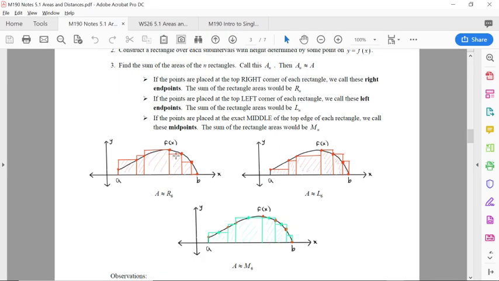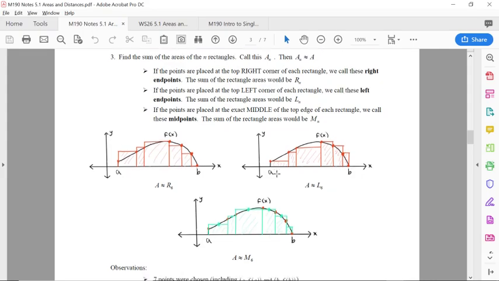And similarly with the left endpoints: an increasing function with a left endpoint gives us an underestimate on an increasing portion of a function. But the left endpoint gives us an overestimate, the rectangles are overestimating the area, if the function is decreasing. The shape of the curve and the choice of where we select the point have something to do with whether our approximation will be an overestimate or underestimate, or a balance of the two.